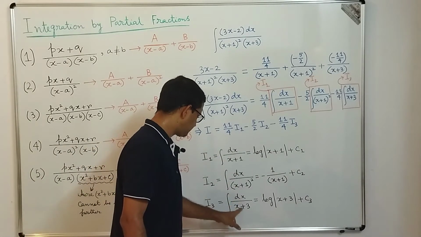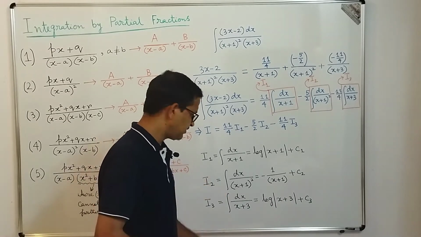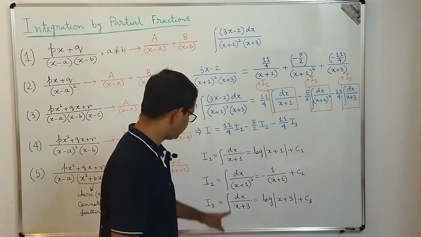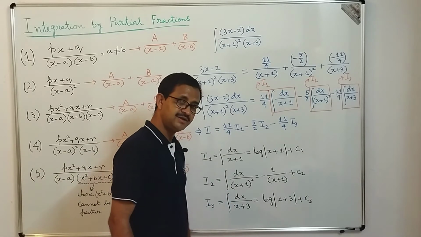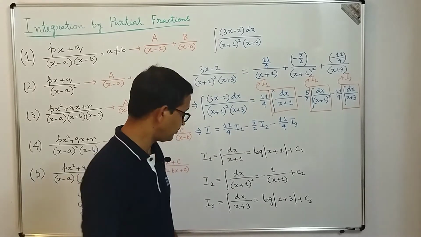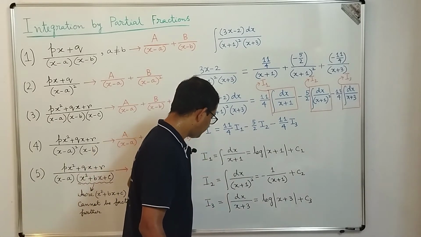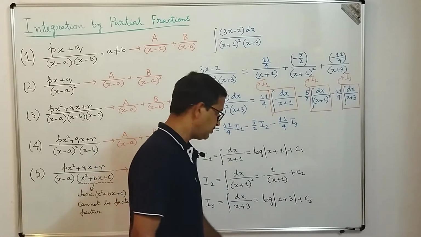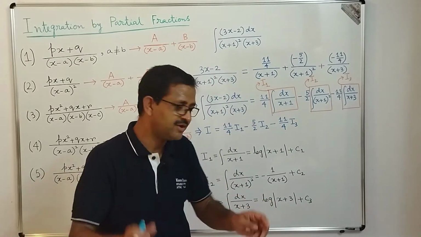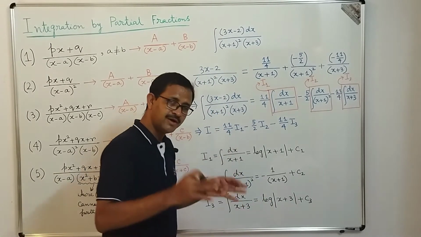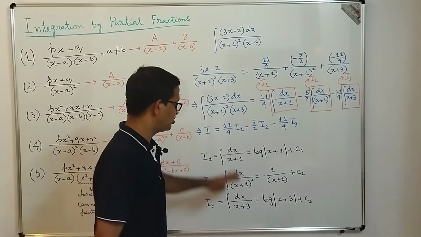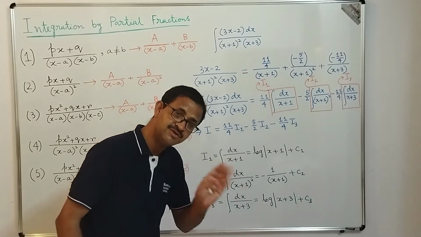Quickly you can say x plus 3 is equal to t, so dx is equal to dt, so this integration will become dt by t. What is integration dt by t? It is log of mod t plus integrating constant. Apply back the value of t, that is x plus 3. So you will get log of mod (x plus 3) plus c3. I am saying this very quickly because our purpose in this session is not to discuss how to perform integration of this one. This is already discussed in our previous session. Please have a look into it.